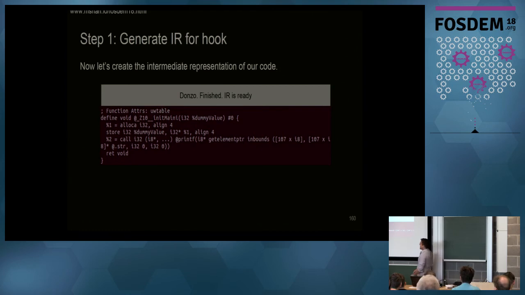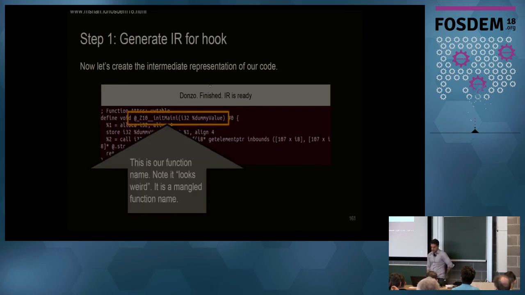So step one again is to generate IR for the hook. So that little function that we're going to be inserting, the init main, create the IR representation. Well, we know how to do that using Clang, and we just emit this chunk out. So we've got this function. There's our function.